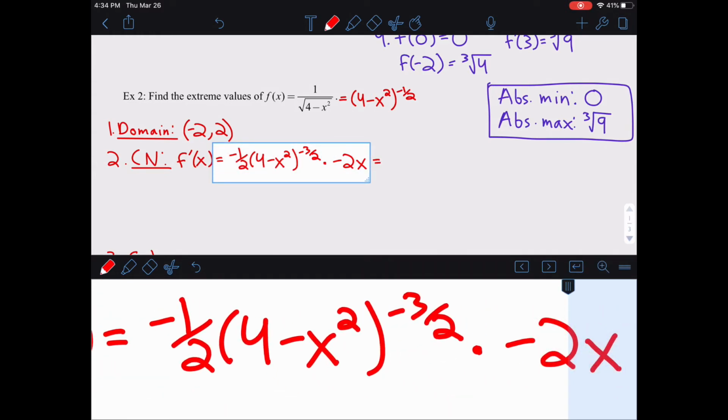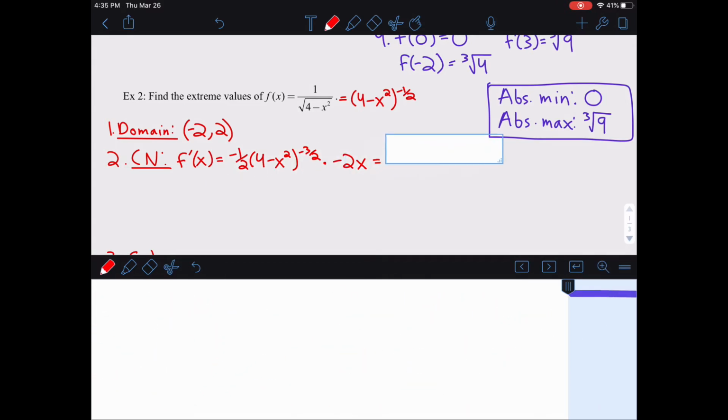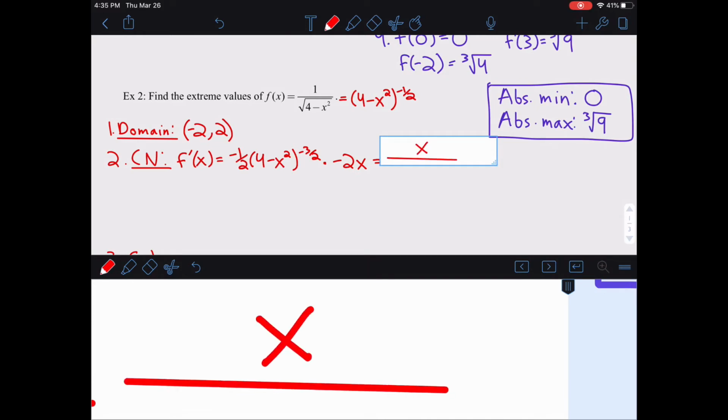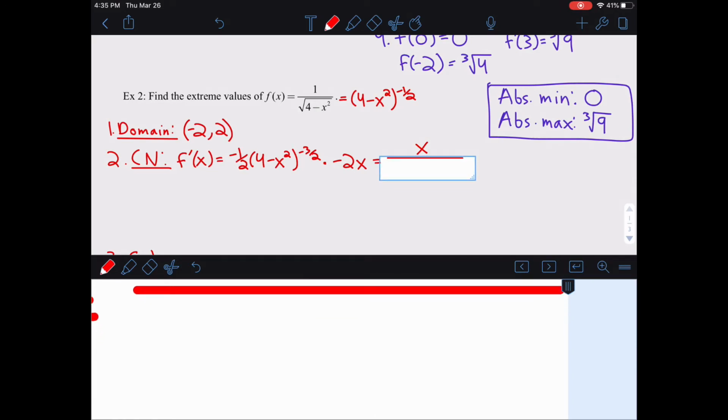So for taking the derivative, I like writing it with a negative exponent. But for actually using the derivative, I'm going to simplify some stuff. I'm going to rewrite this without the negative exponent. So what's going to happen here? Negative 1/2 times negative 2 goes away. That x is to the first power, so that's going to stay in the numerator. And now negative exponent means in the denominator. So I'm going to have 4 minus x squared to the 3/2 in the denominator.